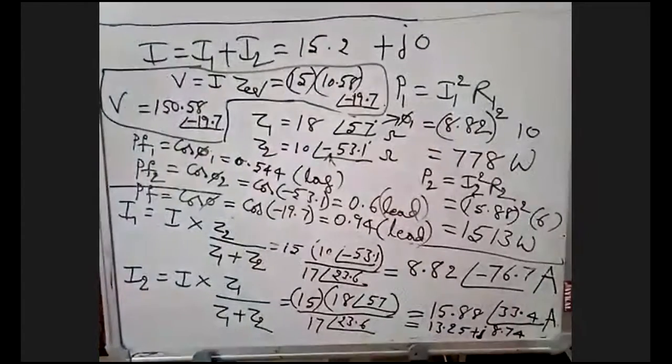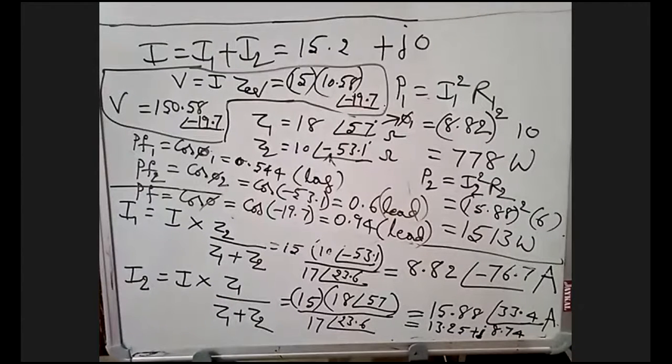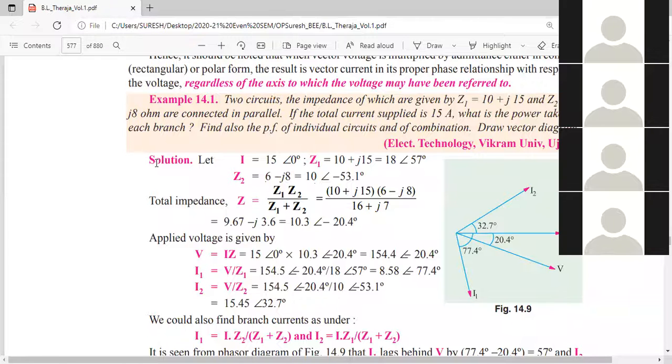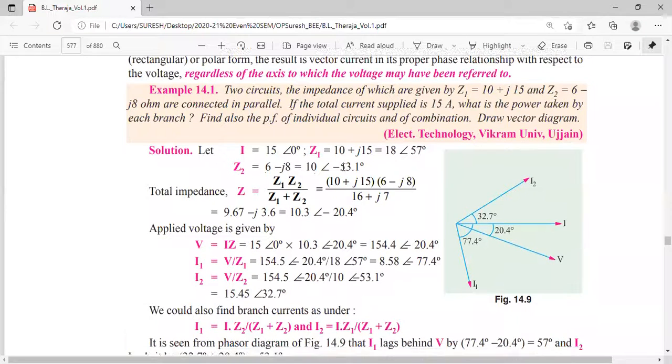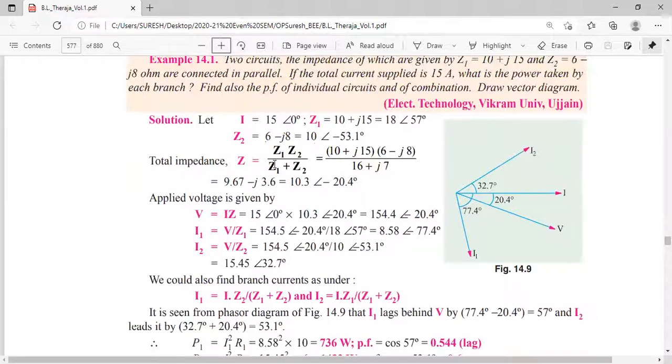Now we will verify your answers. Okay, listen here. See what Z1 you got. Compare your answer with your textbook. Your Z1 is 18 at an angle 57.